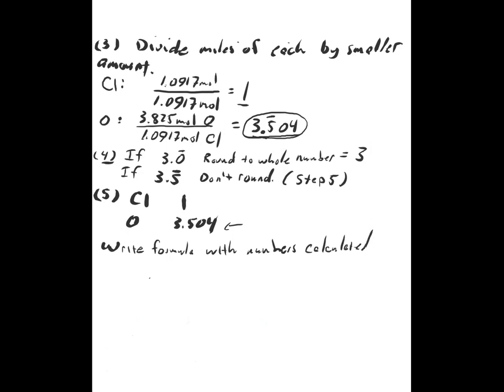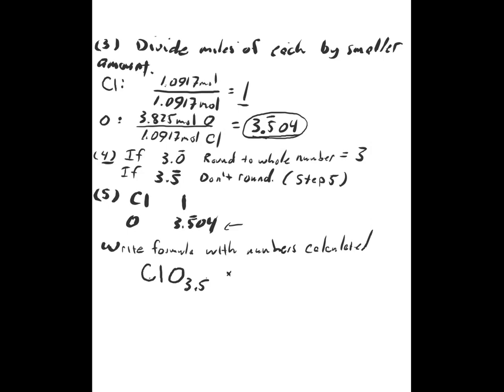So I'm going to write it as Cl O 3.5. And notice I'm just going to go one digit past the decimal point. So we have 1 chlorine and 3.5 oxygens. We want it to be whole numbers. So here's what you do.